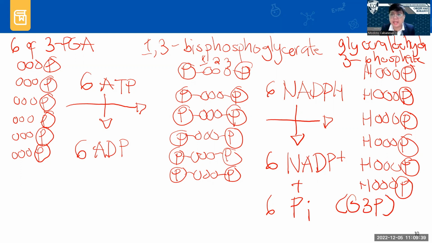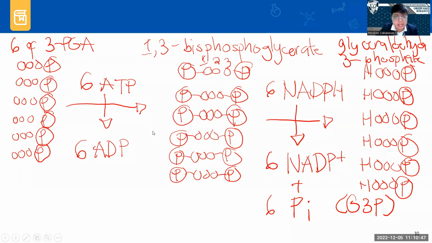Yan yung acronym. So we have produced 6 molecules of glyceraldehyde 3-phosphate at the end of our reduction phase. Okay? So let's proceed to the third.